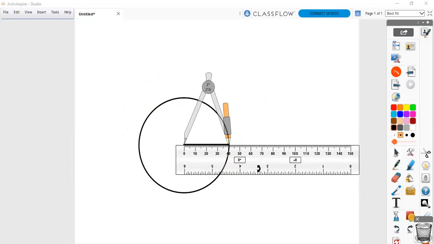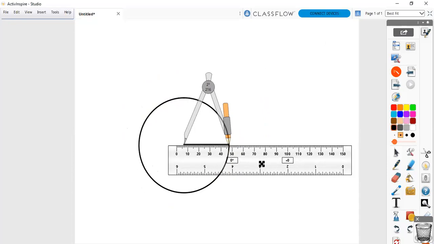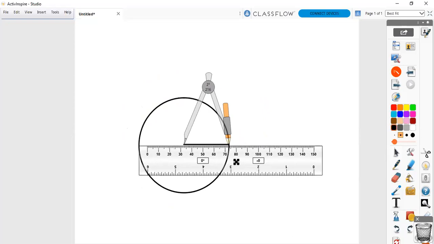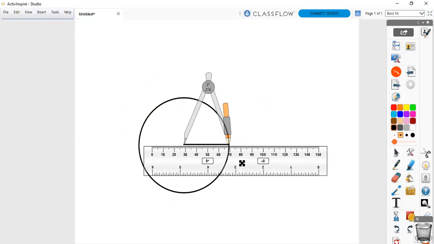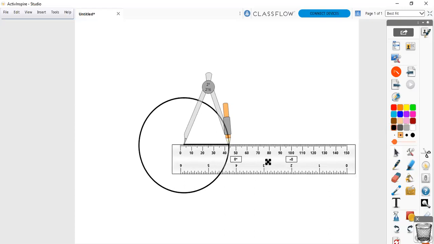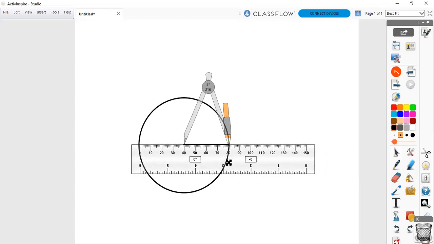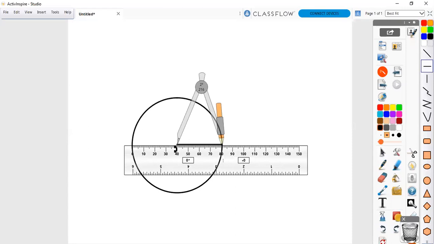Now, again, you use this scale and complete the horizontal as well as vertical line. You can see the radius is equal to 40, so you will be able to see the diameter of the circle will be 80. Now complete this line.